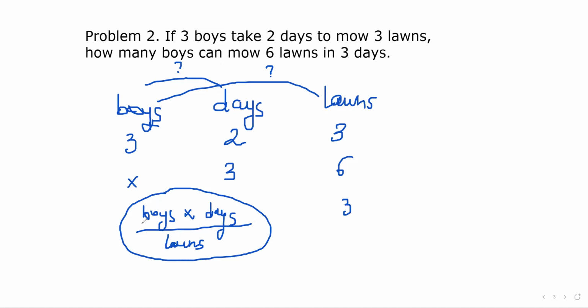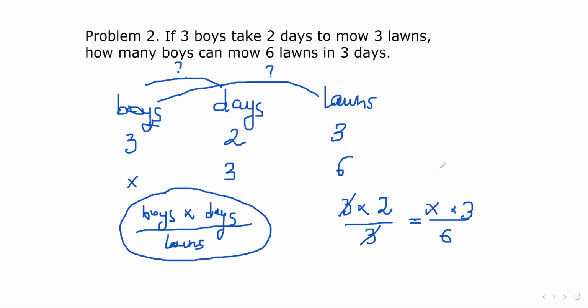So 3 boys, everything we write here. So 3 boys times days, which is 2 days, divided by 3 lawns equals, again, x boys times 3 days divided by 6 lawns. So obviously we can have some canceling. The 3 is cancelled.